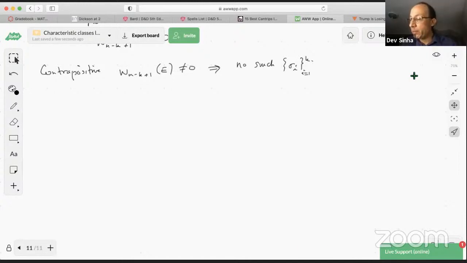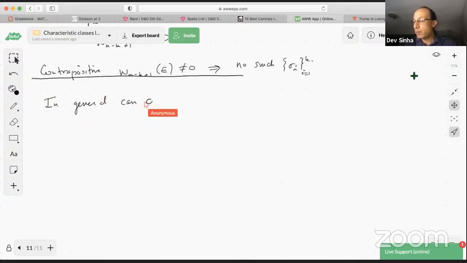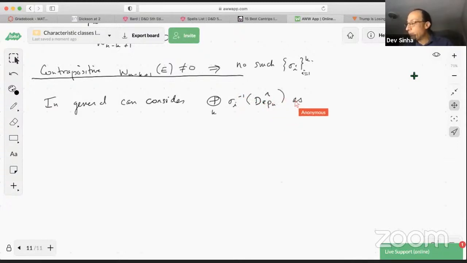Let me say a little bit more here about this obstruction. So in general, we can consider the pullback, not just when this is empty, but this pullback as representing our class Wn minus k plus 1.